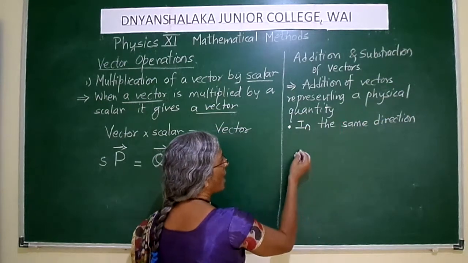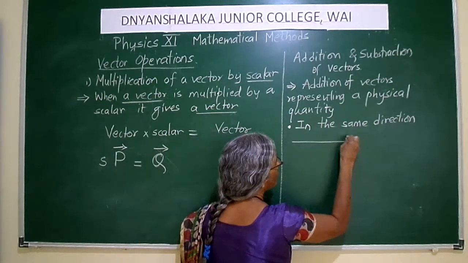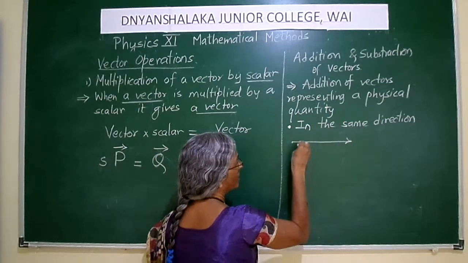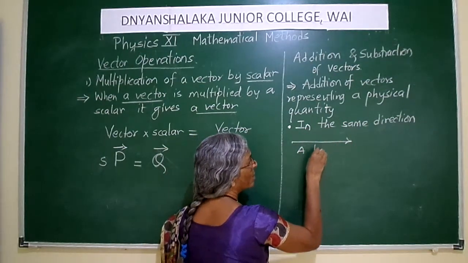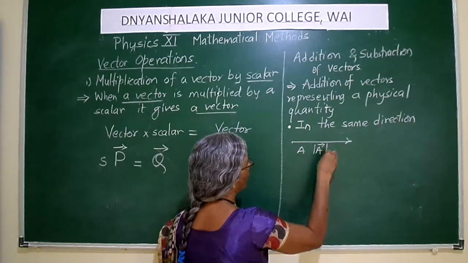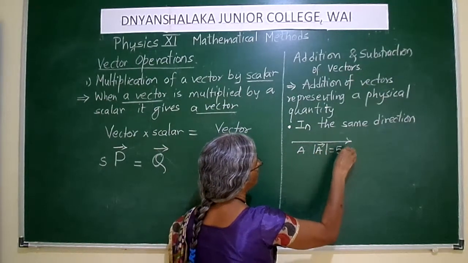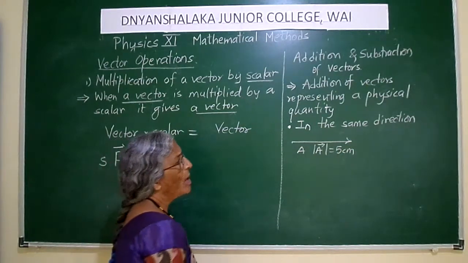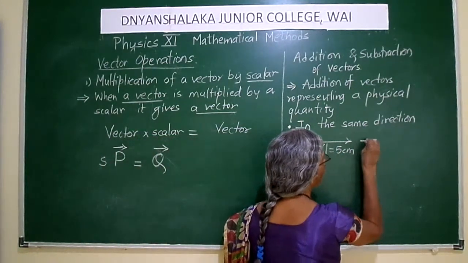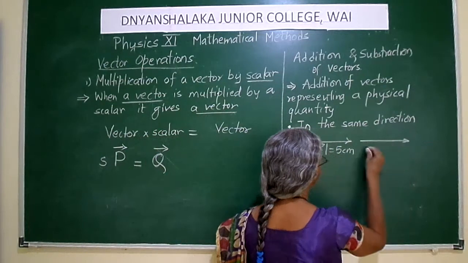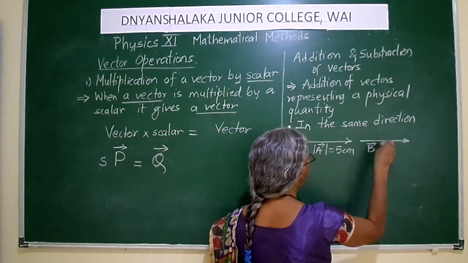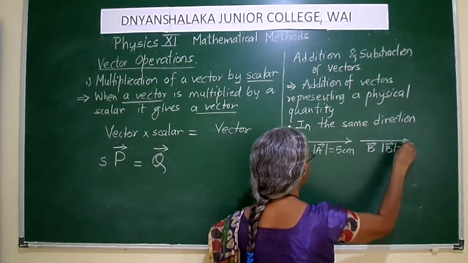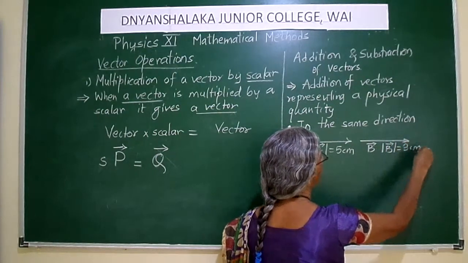So if I have, say, this as vector A with the magnitude of vector A equal to 5 centimeters, this is a displacement vector. I have another vector B. Again it is a displacement vector and the magnitude of this vector is 3 centimeters.